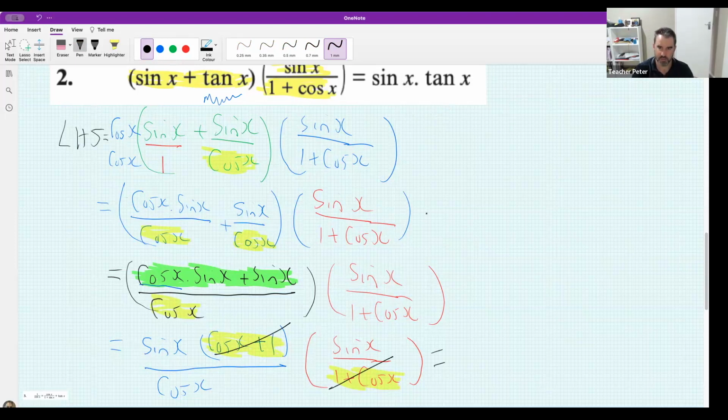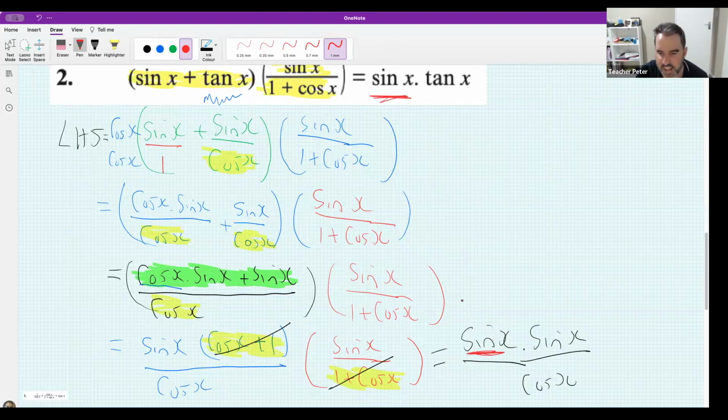Now, we canceled out. Now, remember, we're trying to get to the top line. Now we have sine x times sine x over cos x. What is my final step? If I look at the top about where I'm going, I've already got a sine x there. What is the final thing that I need to realize?